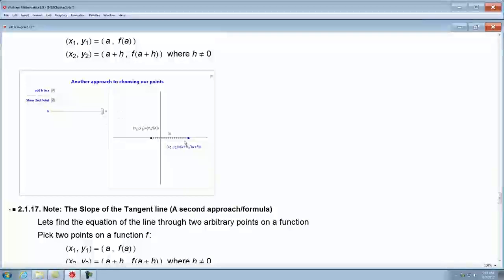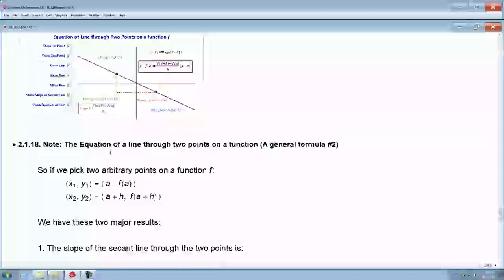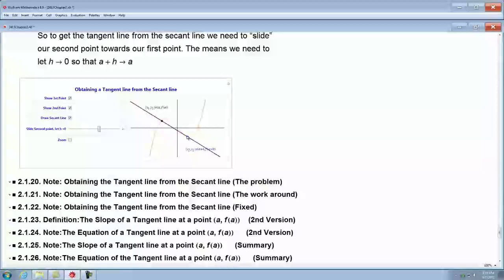Right here in this picture, if this was a and this was a plus h, so this is the h, it's the distance between them. If I let h get smaller, those 2 points try and come together. So when I want to move this point closer to this one, I need its x value to start moving closer to this x value, which means I need to let my h go to 0 to make those 2 points come together.